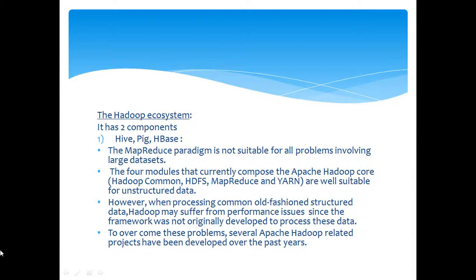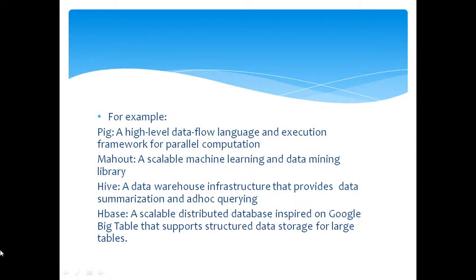However, in processing old-fashioned structured data, Hadoop may suffer from performance issues. Performance is the main thing everyone looks at. Since the framework was not originally developed to process this data, the performance will be reduced a little bit. To overcome these problems, several Apache Hadoop related projects have been developed over the past few years.